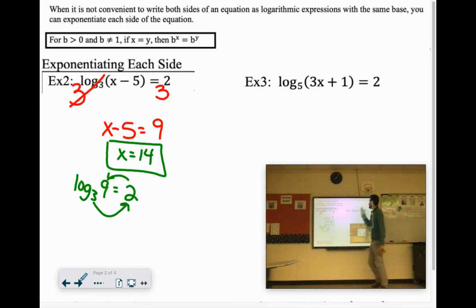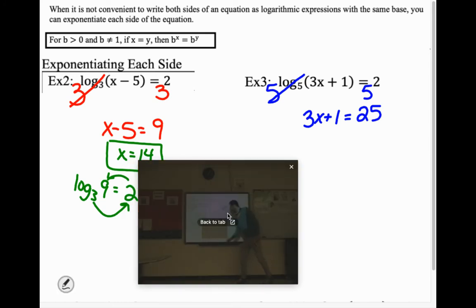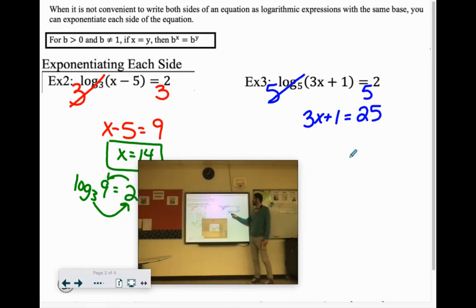So if we do that here, I see it's log sub 5. So we're just going to bring in a base of 5 on both sides. And the 5 to the log sub 5 power all cancels out. So we are just left with 3x plus 1 over here. And then 5 to the second power is 25 over here. We will subtract the 1, which would give us 3x equals 24.